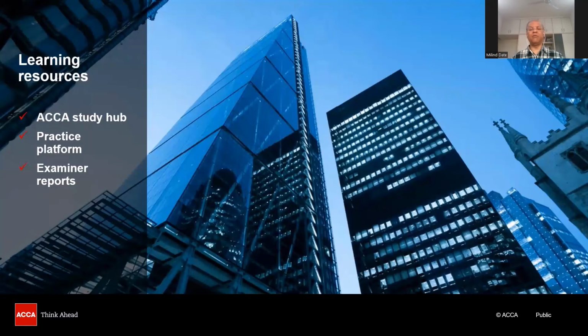Well, so far as this concept is concerned, there are a lot of resources available to you. My personal recommendation is to make full use of the resources provided directly to you by ACCA, which you can access through your My ACCA account.